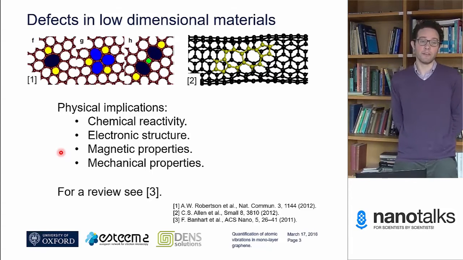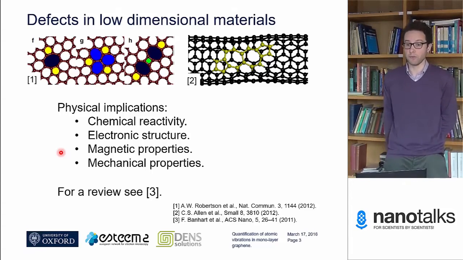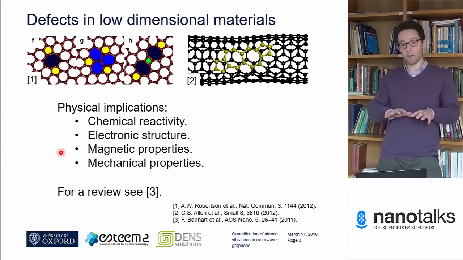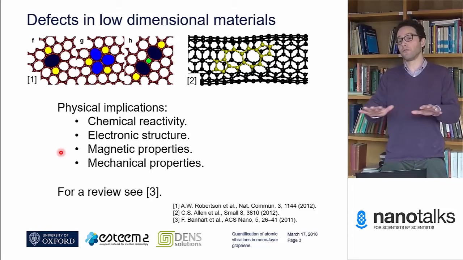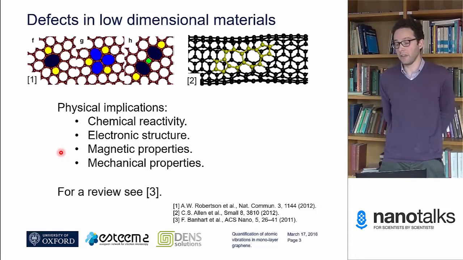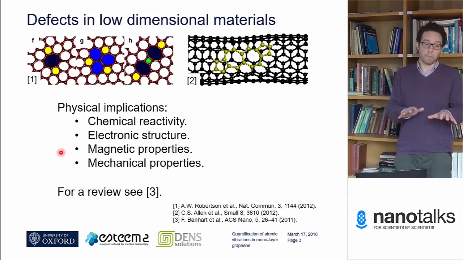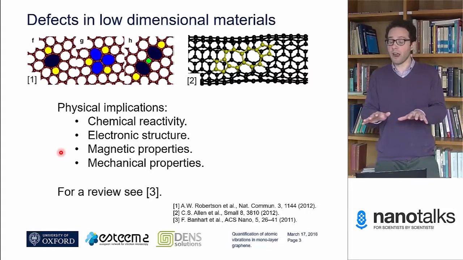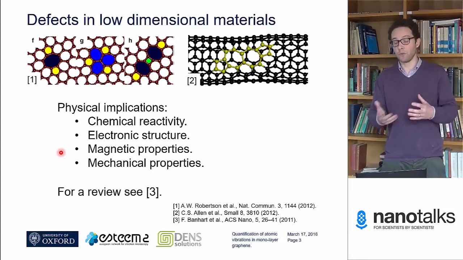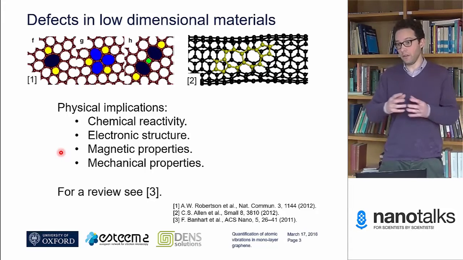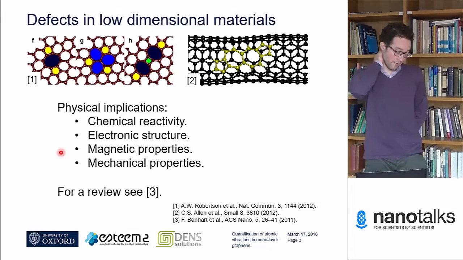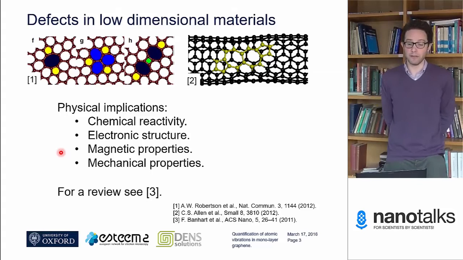This is perhaps interesting if we were to use nanomaterials in nanospintronics applications, or one could envisage patterning arrays of certain defects across the graphene surface, and by controlling the distance between the defects, one might be able to control the exchange interaction and have some control over the bulk magnetization of the sample. And of course, any defects are going to affect the mechanical properties of the sample.